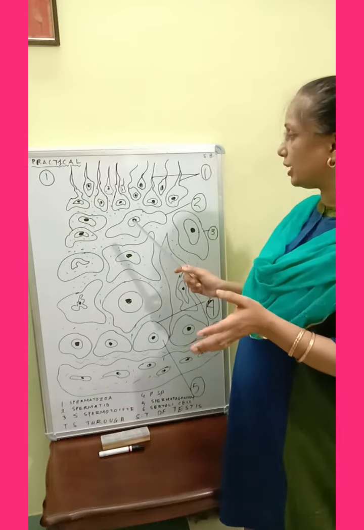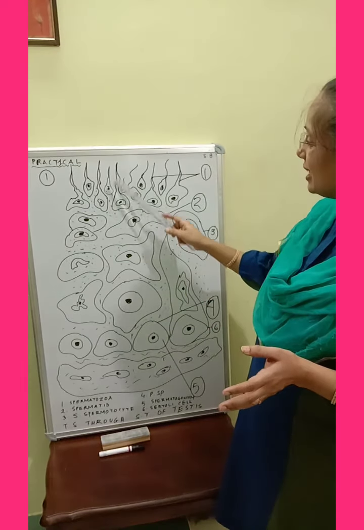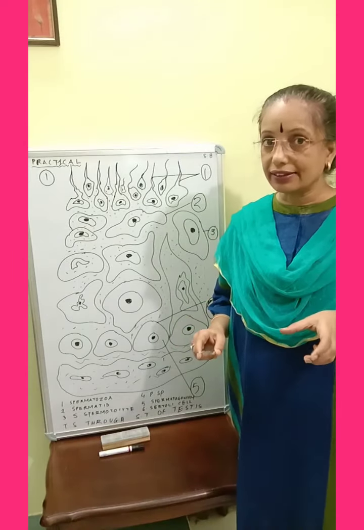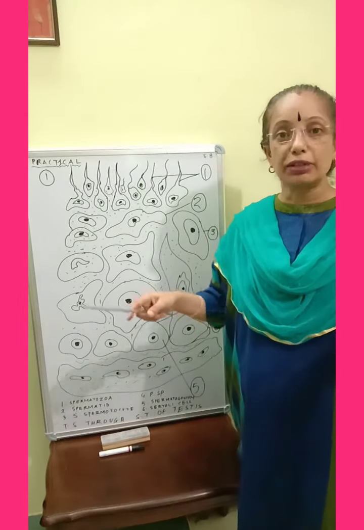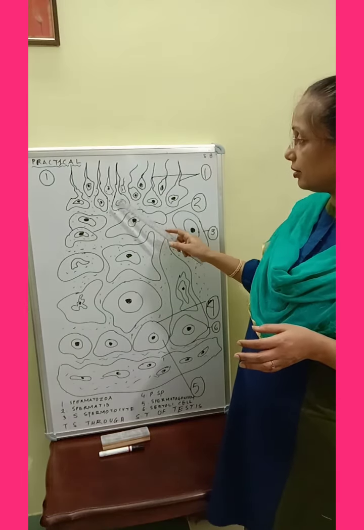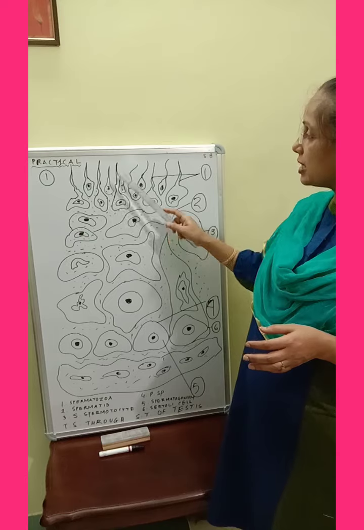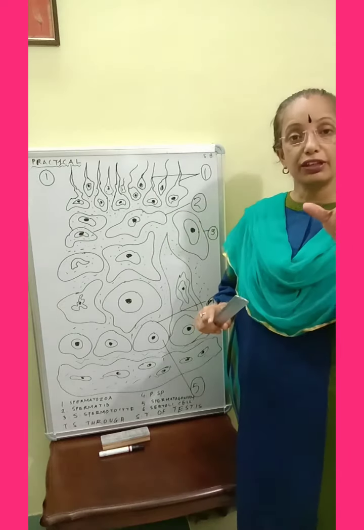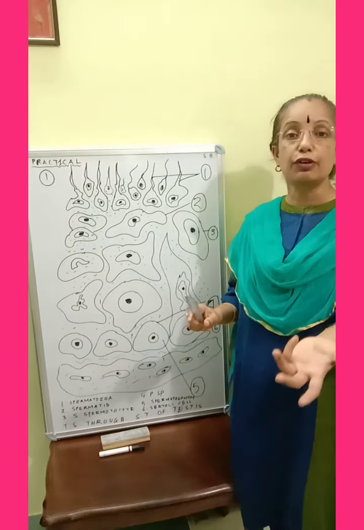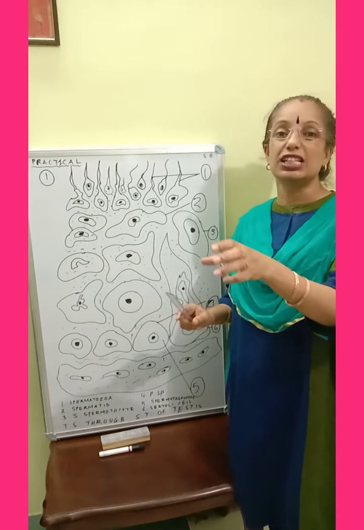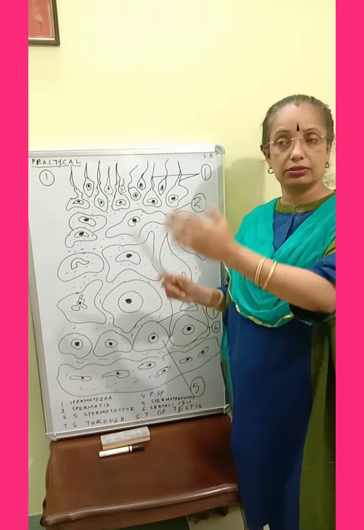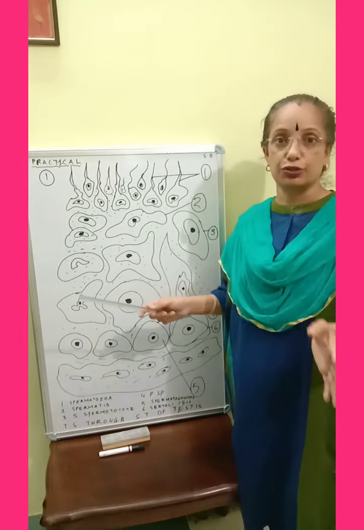Once it gets the flagellated tail, that means it gets that sperm-like structure, the head piece, the middle piece and the tail, then we call this structure spermatozoa. This transformation is spermiogenesis. So this is the ultimate result of spermatogenesis.